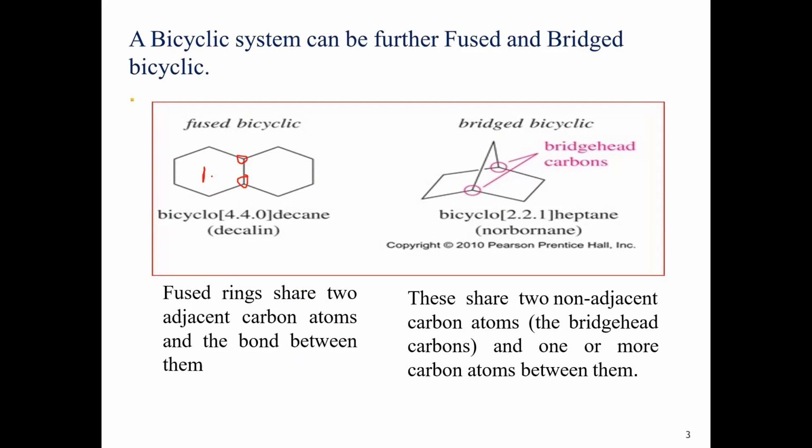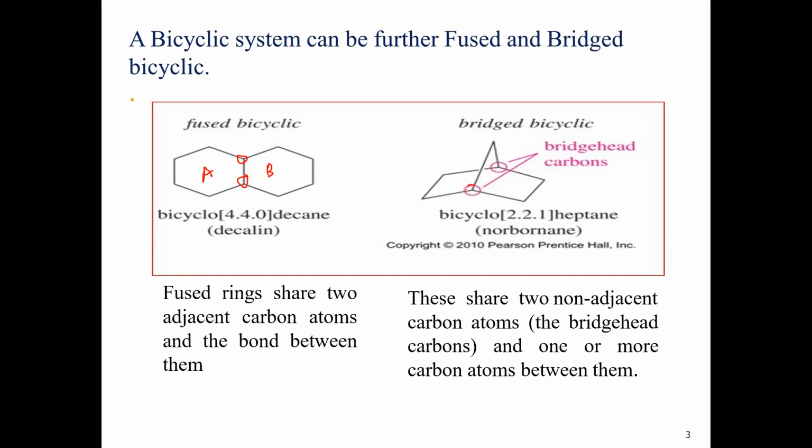These 2 rings, ring A and ring B, are fused at 2 adjacent carbon atoms. And in a bridged bicyclic system, the rings share 2 non-adjacent carbon atoms.